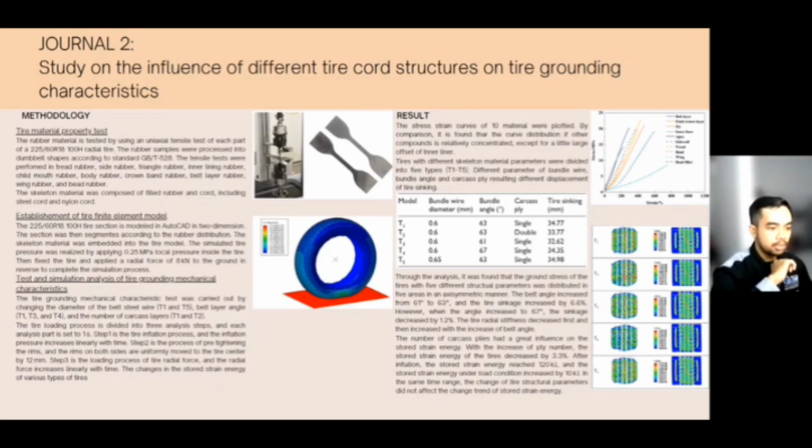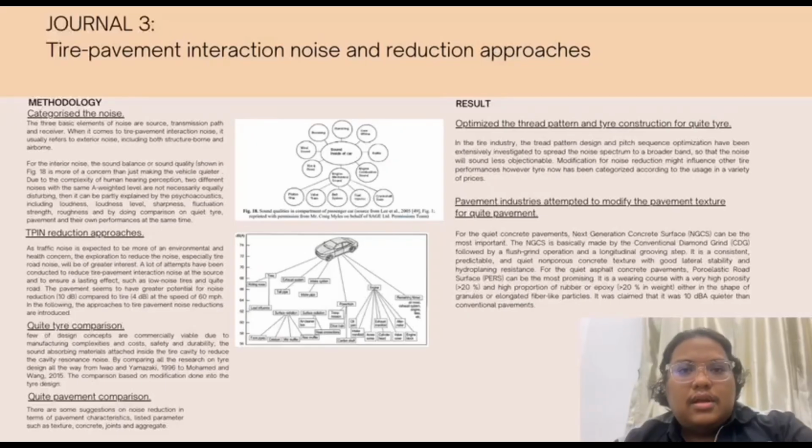With the increase of ply number, the stored strain energy of the tire decreased by 3.3%. After the inflation, the stored strain energy reached 120 kilojoules, and the stored strain energy under load condition increased by 10 kilojoules. In the same time range, the change of the tire structural parameter did not affect the change trend of stored strain energy. Thank you.